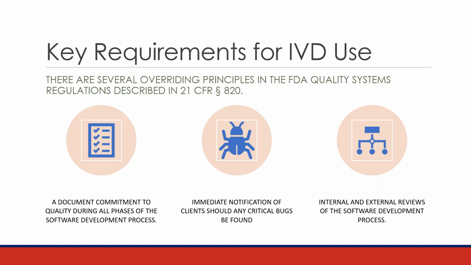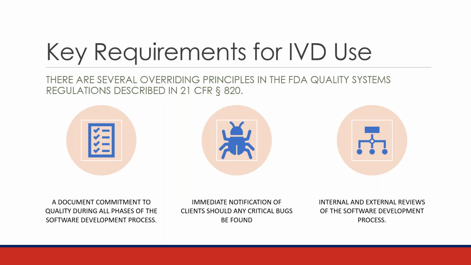Okay, so as part of the requirements, we're required to document a commitment to quality during all phases of software development. As we write up plans for what the overall design is going to be, and once we start coding, we need to test what we're doing and make sure that it works, whether that's through test cases or some type of internal testing. Anytime there's a bug in FCS Express Clinical Edition, we need to immediately notify our clients of any critical bugs that may be found.